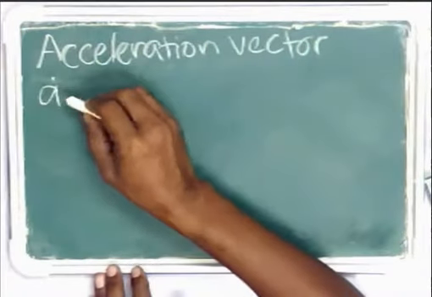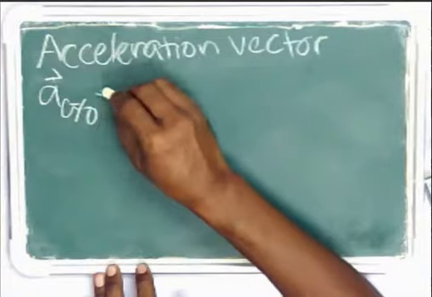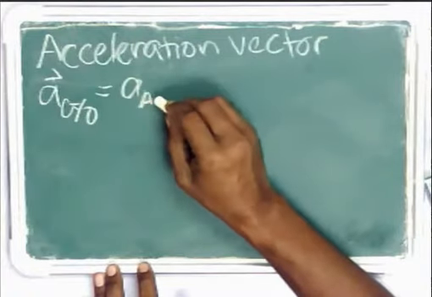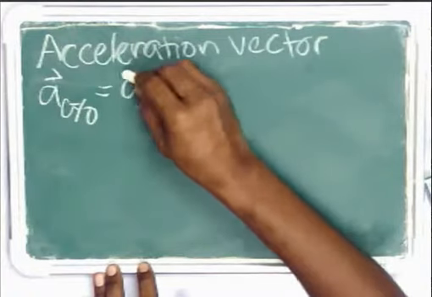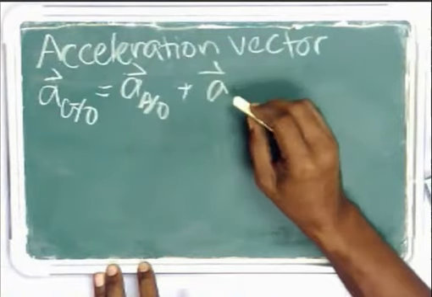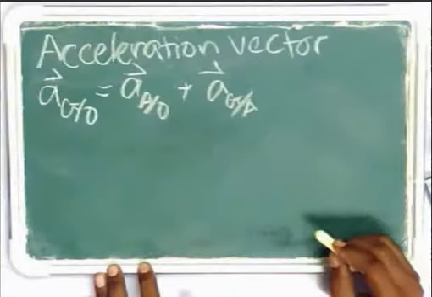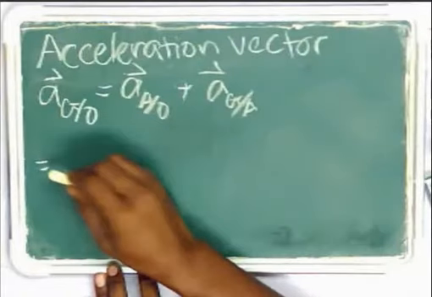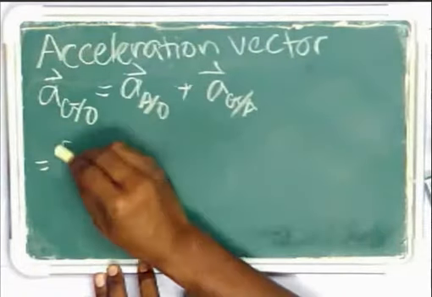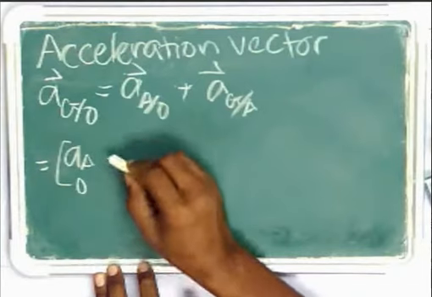We have the absolute acceleration of G equal to the absolute acceleration of A plus the relative acceleration of G with respect to A. I just want to write here, I don't have much space. So the absolute acceleration of A is capital A, 0.